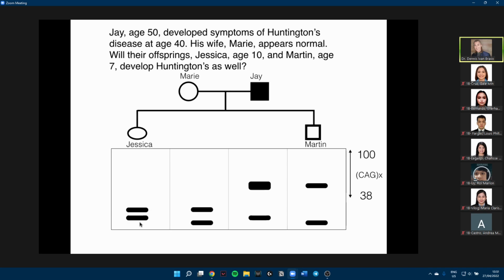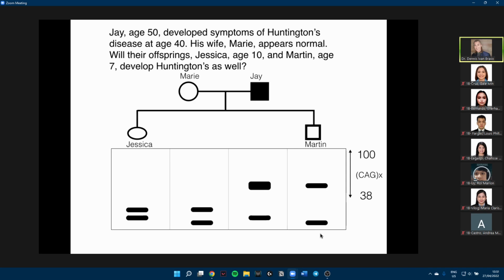So in the case of Jessica, this copy of the Huntington gene corresponds to this. So this is the copy that comes from the father, and this copy comes from the mother. In the case of Martin, this copy comes from the mother, while this copy comes from the father. This is a copy with an expansion mutation.